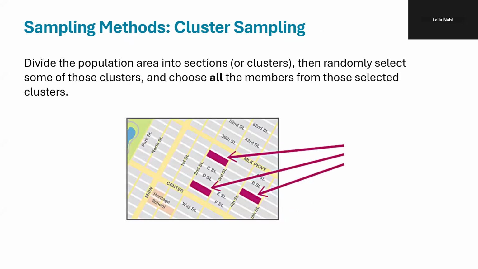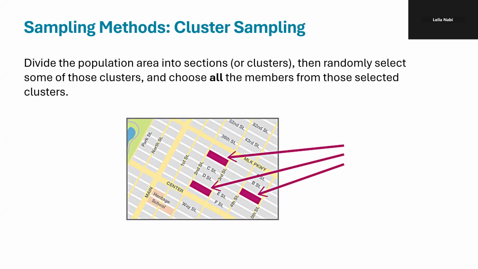But in cluster sampling, it's similar to stratified because we need to divide the population into different sections, which are called clusters. But this time we randomly select some sections and we survey all of the members, all of the objects in that section.